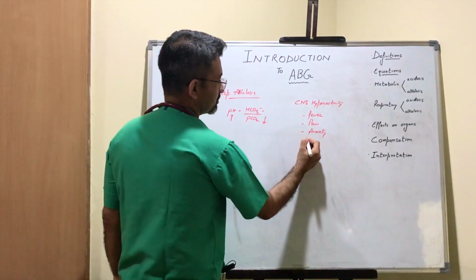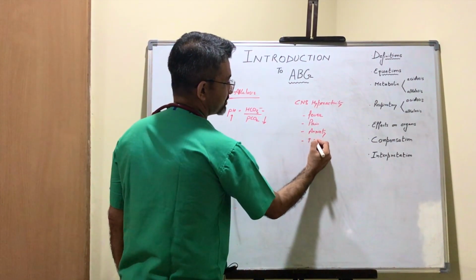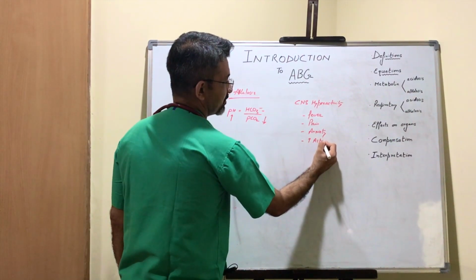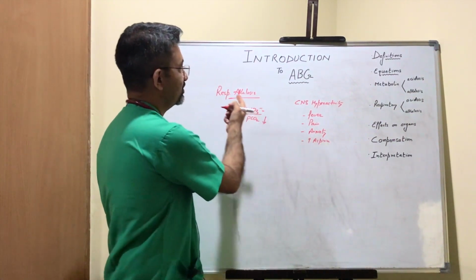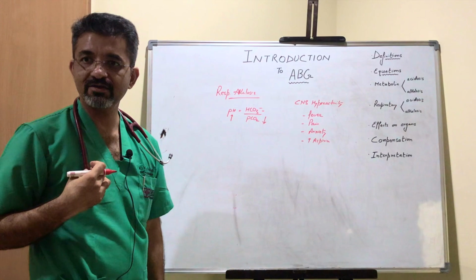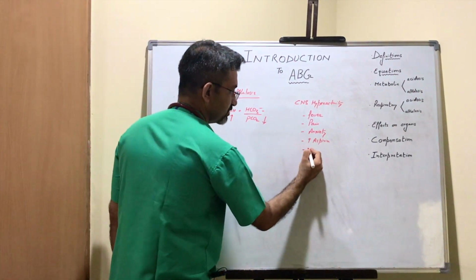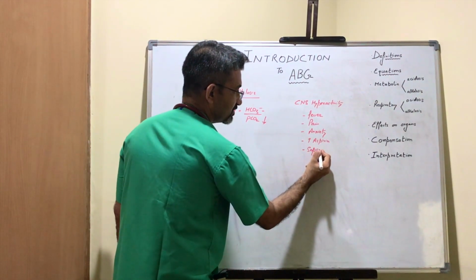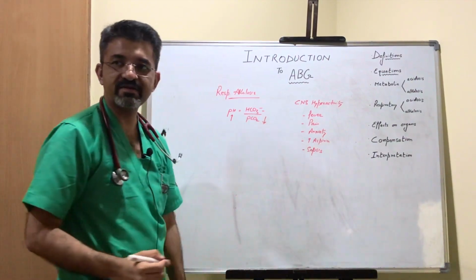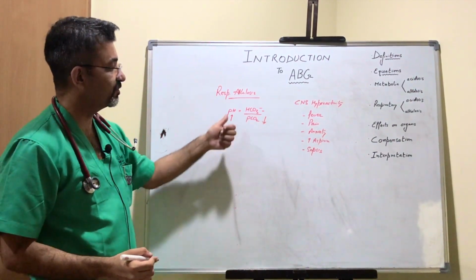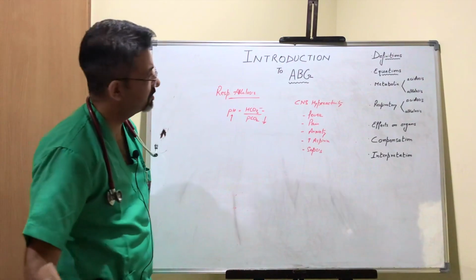You have a high dose of salicylates, you take high amounts of aspirin, so you can cause respiratory alkalosis. You can have sepsis, which increases your central respiratory drive, so you may land up in respiratory alkalosis.